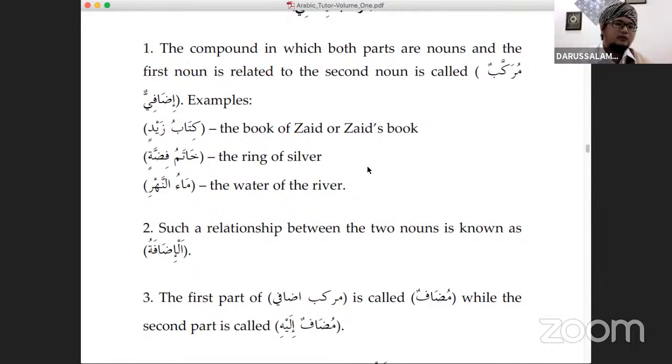Why? Because we want to differentiate, kita nak bezakan, between murakkab idafi and murakkab tawsifi.